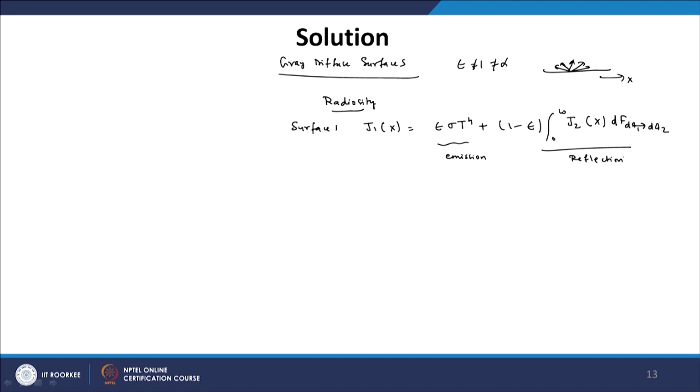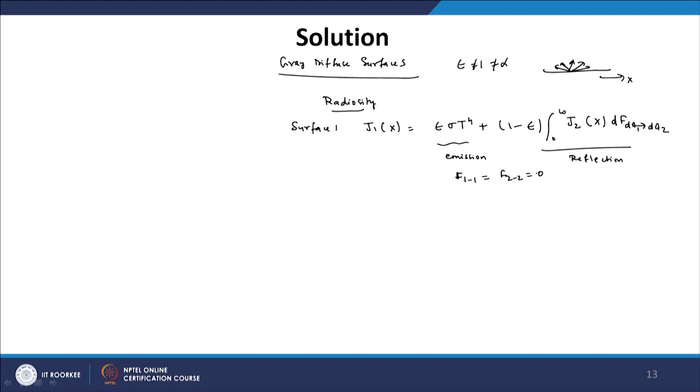In this expression you might have noticed that we have only J2 appearing, because there is not going to be irradiation from the same surface. So, we have F11 equal to F22 equal to 0. There is no self irradiation, so the only unknown appearing in the integral is J2. Similarly, we will write this for surface 2.